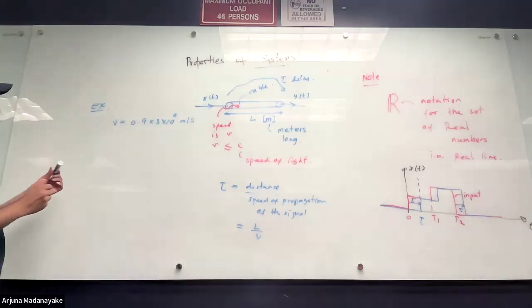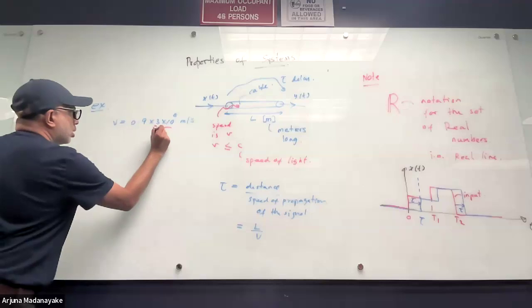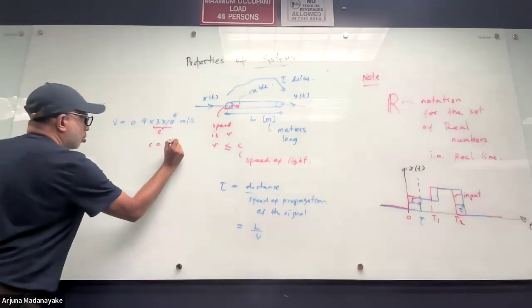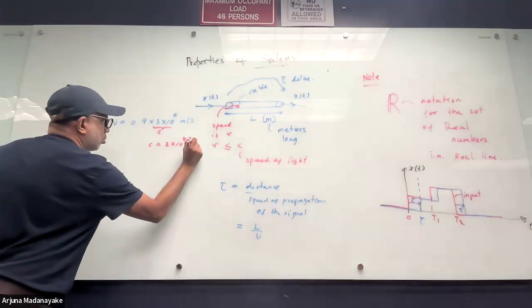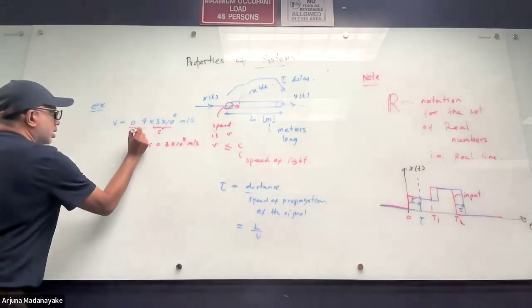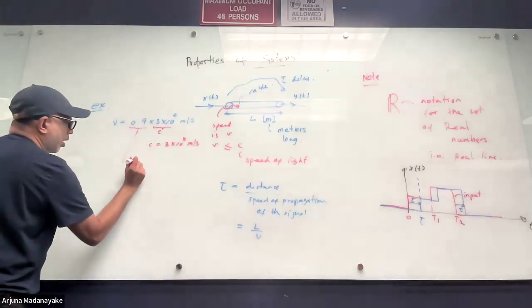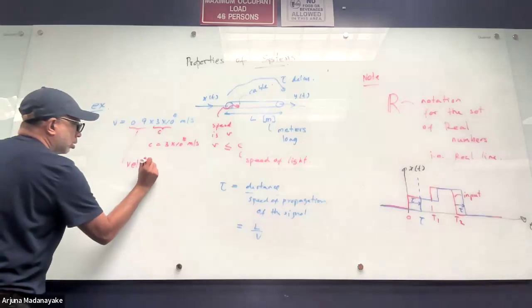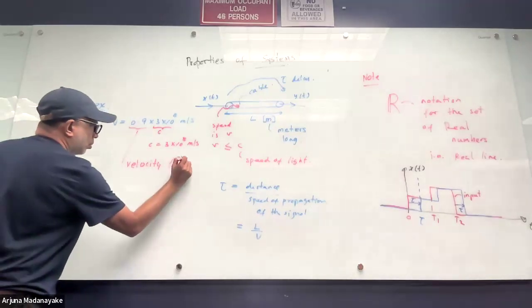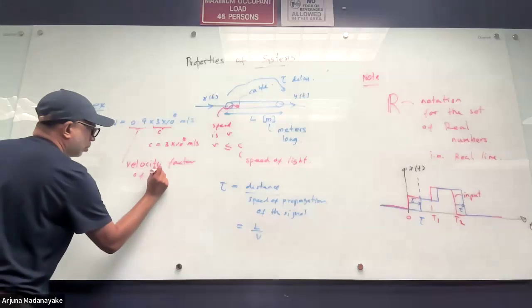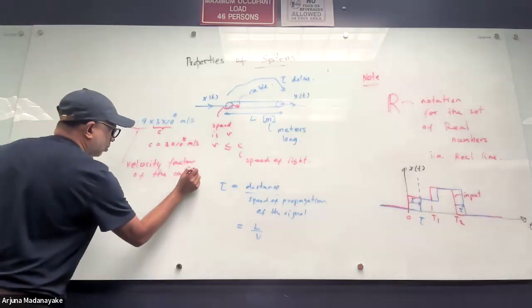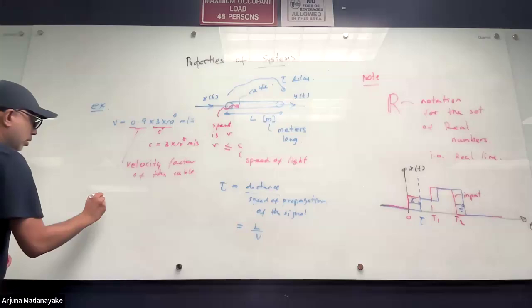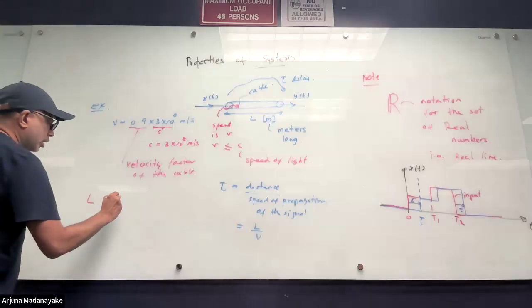So 3 into 10 to the 8 is the speed of light. So C is equal to 3 times 10 to the 8 meters per second. And this 0.9 is a scaling constant. We call it the velocity factor of the cable. L is equal to, let's say, 3 meters.